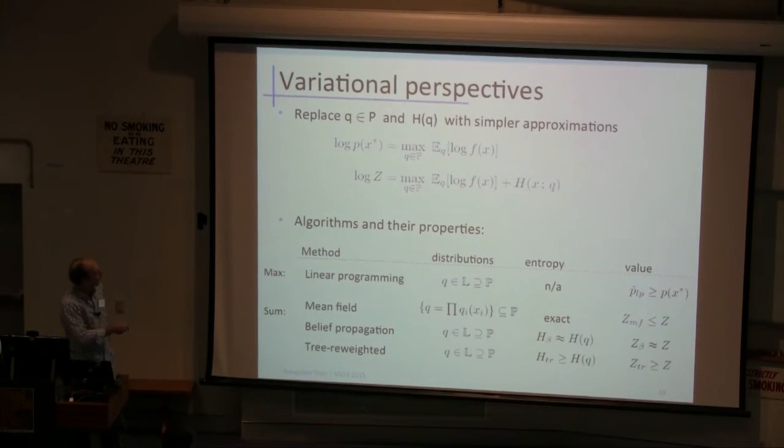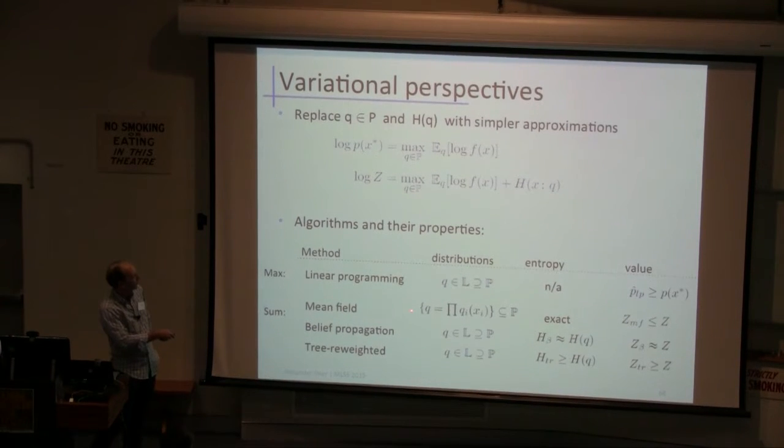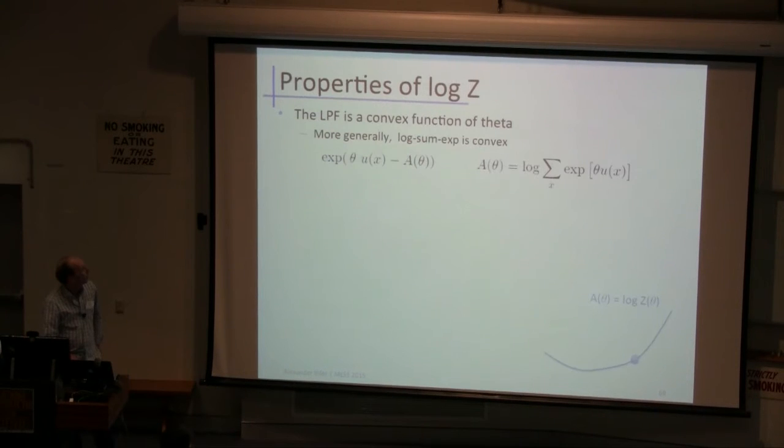But we can actually get upper and lower bounds using things like tree-reweighted. So tree-reweighted relaxes the set of constraints and uses an upper bound on the entropy. Mean field uses an exact entropy and an inner bound. So we'll see how these work in just a second.